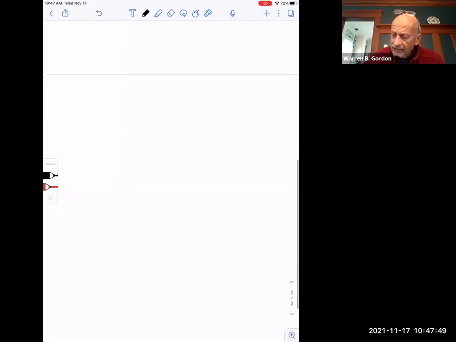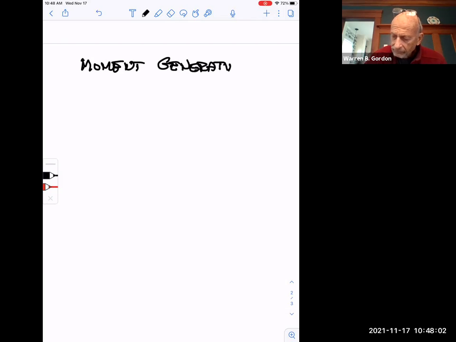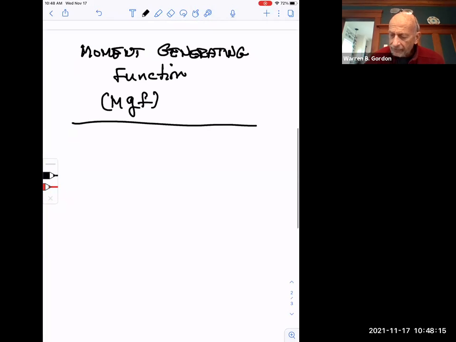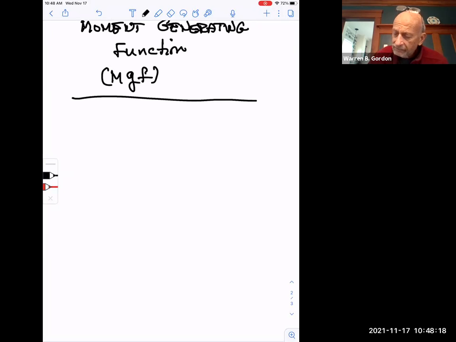Today, though, I want to talk about a really neat idea, the moment generating function. And we'll just call it the MGF. So let's talk a little bit about this. We've already talked about moments. We defined the mean to be the first moment.